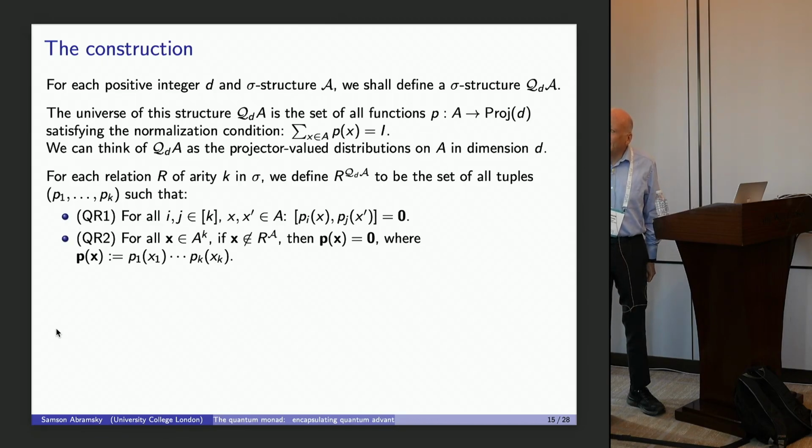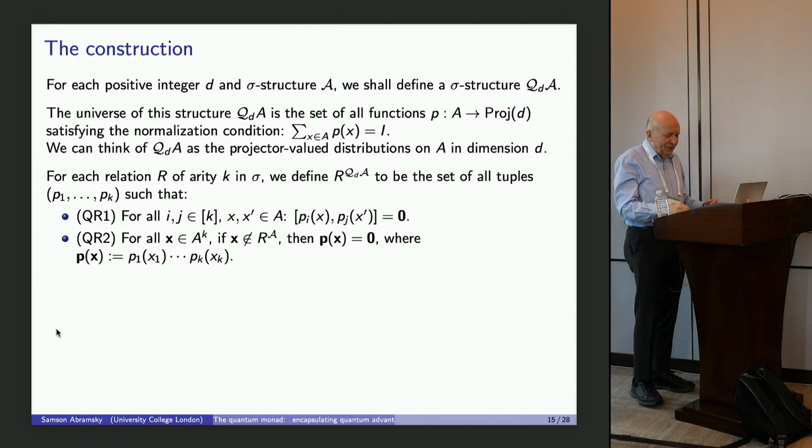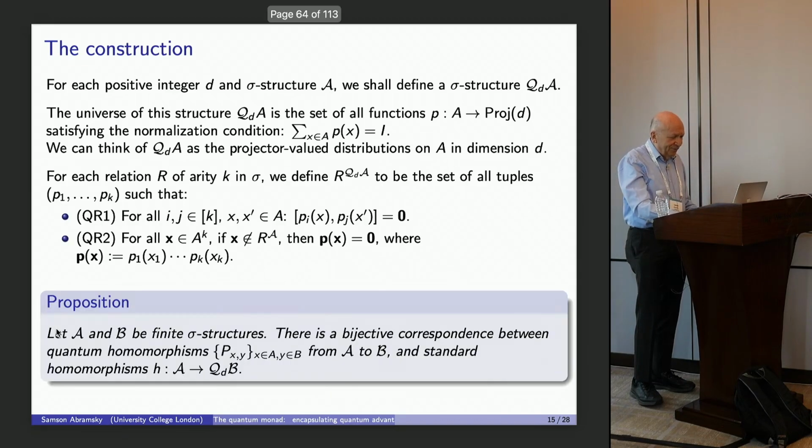And in order to say that, we have to jointly apply, jointly form the product of these projectors. And in order to do that, we need these commutation conditions. So this is saying that pi of x and pj of x prime commute for all choices of i and j. Okay, so the commutation conditions are a necessity for this to make sense.